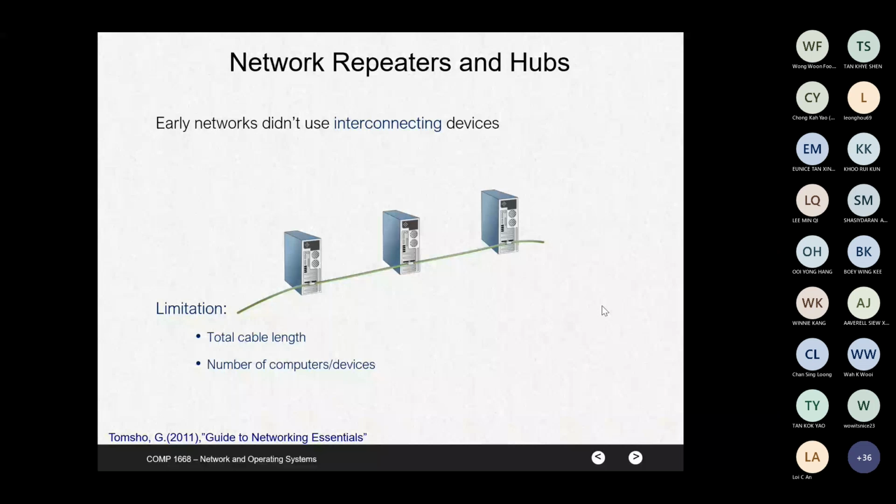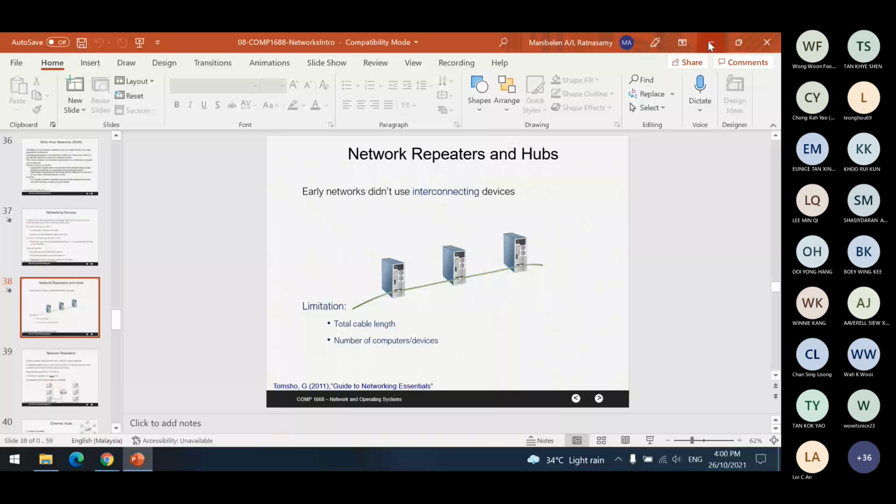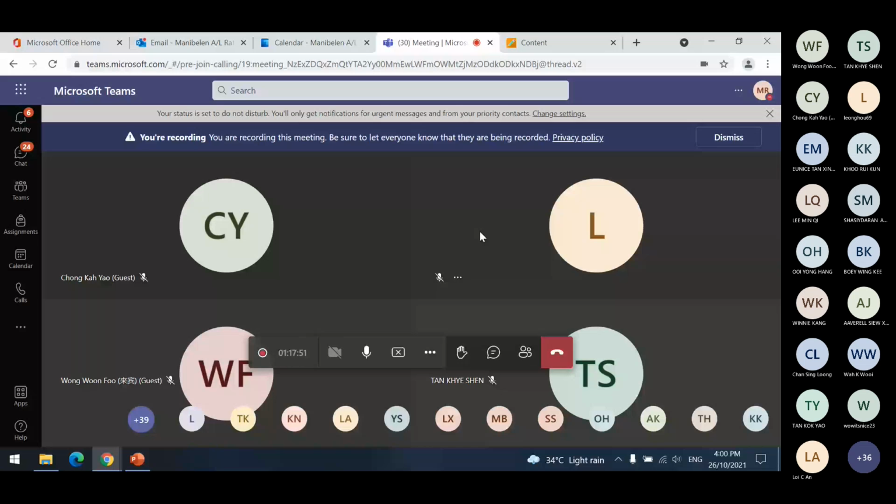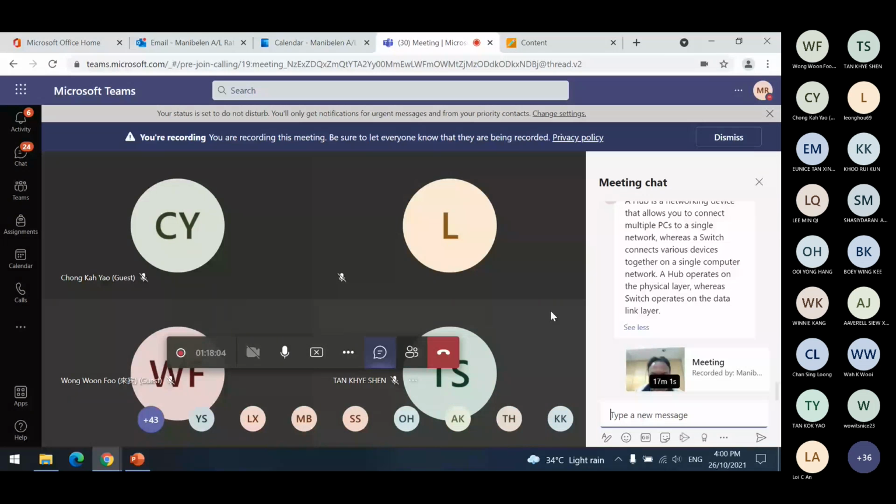Okay, let me ask you a question for those who still can remember. I don't know about other sites, but I'm very sure all of us covered the same syllabus. What is the distance that your CAT cable, category 5 or 5E or CAT 6, or in general UTP cable, can cover?